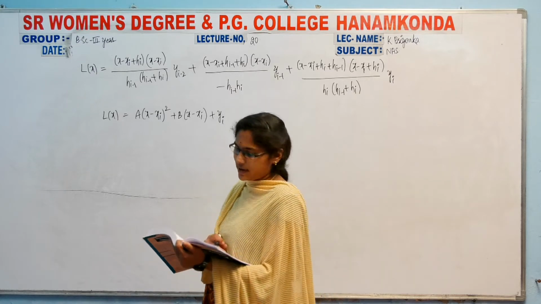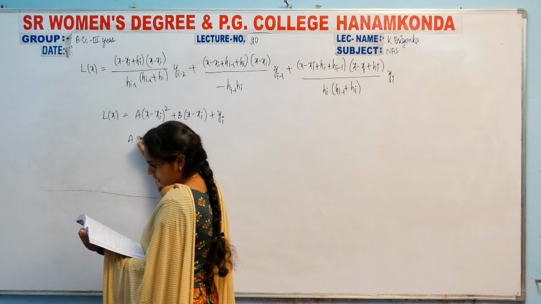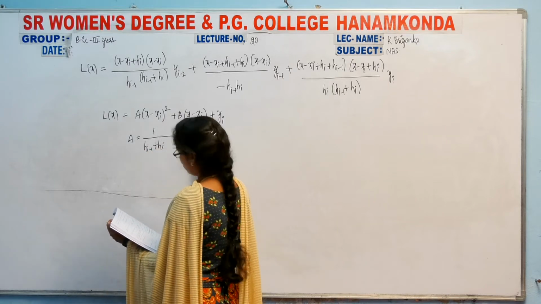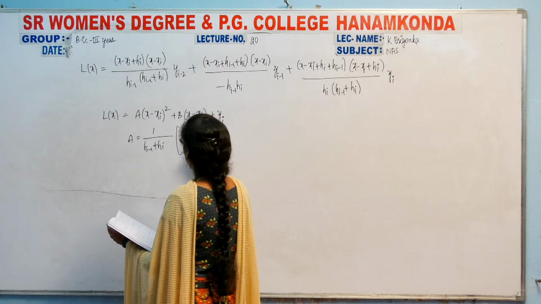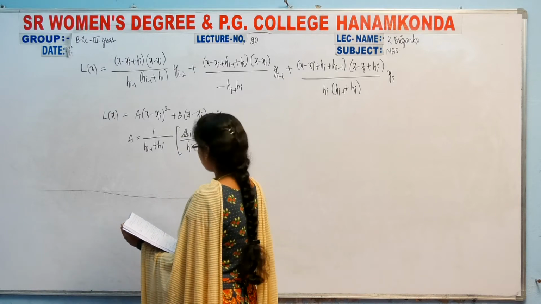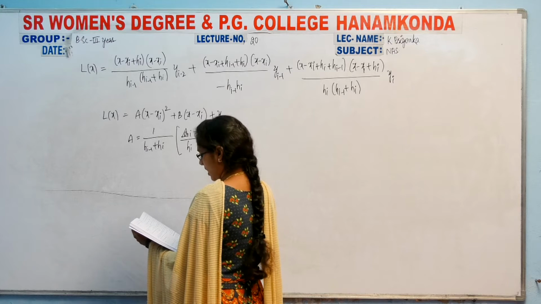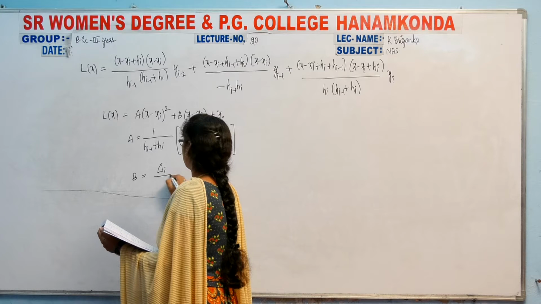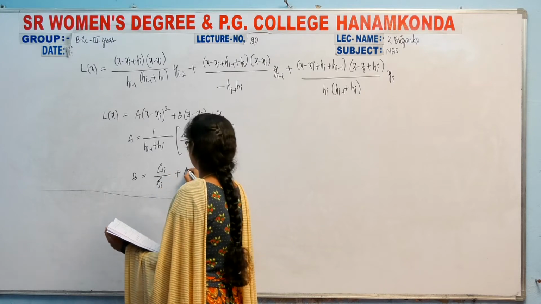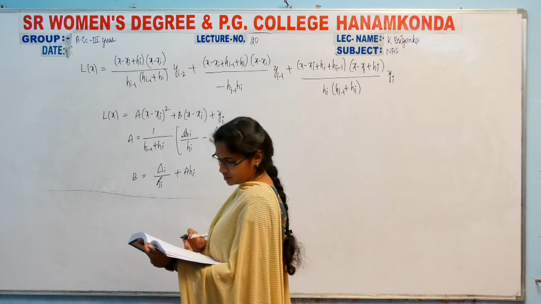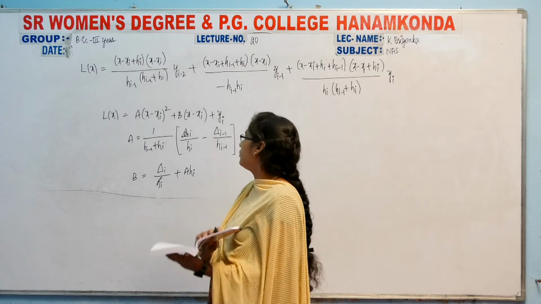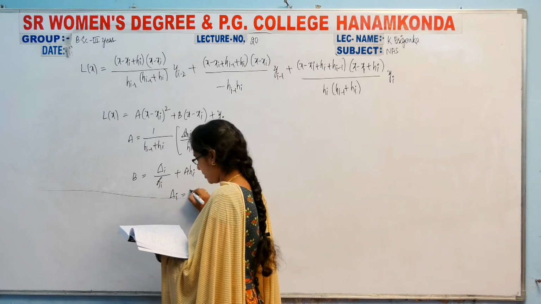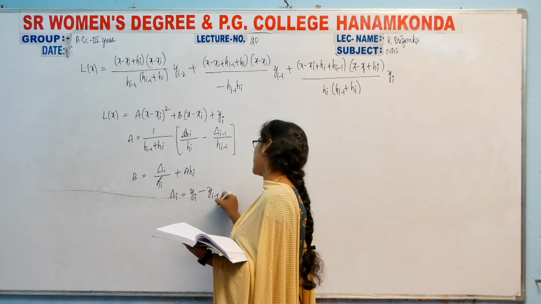Capital A is equal to del i by hi minus del i minus 1 by hi minus 1, where del i is nothing but yi minus yi minus 1.